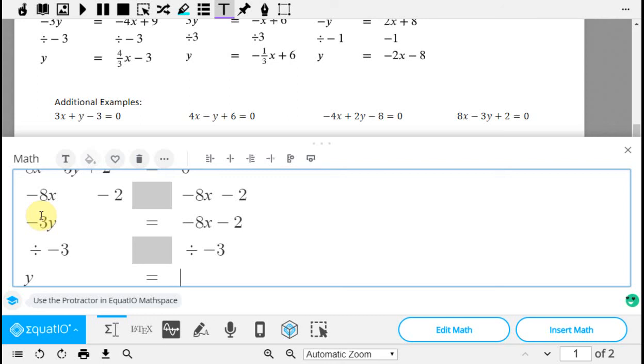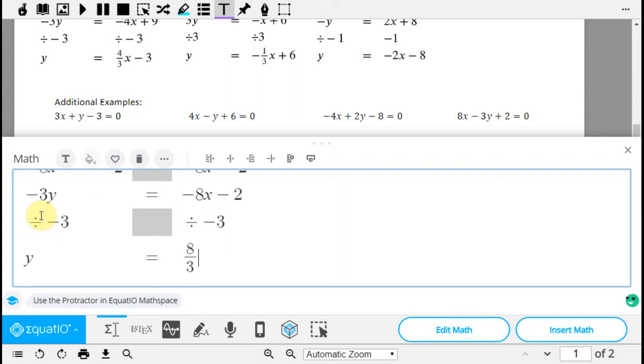That will be positive 8 over 3 x, minus 2 divided by minus 3, same sign, positive 2 over 3. And that's our equation in this final example.